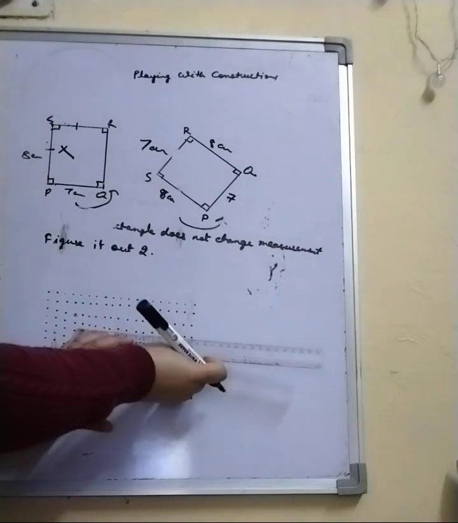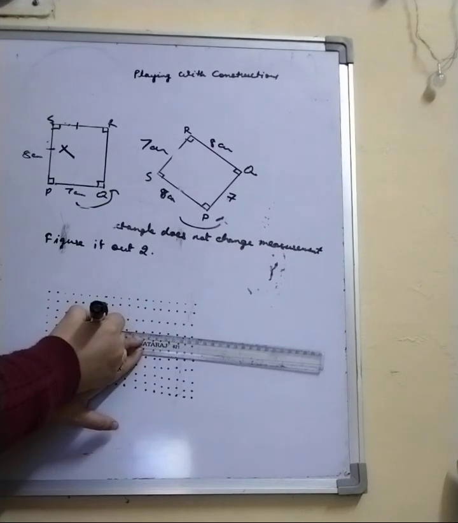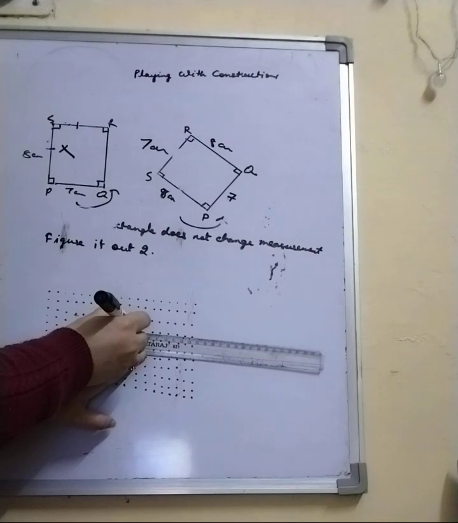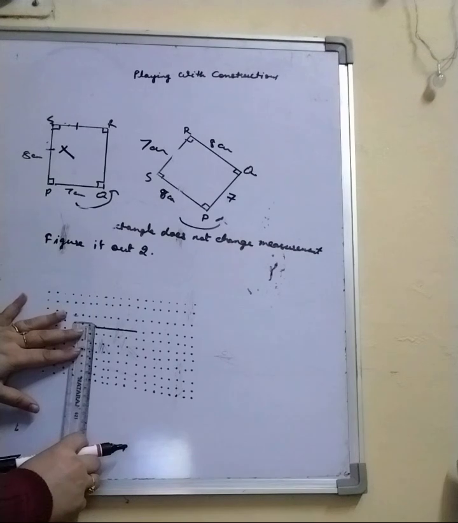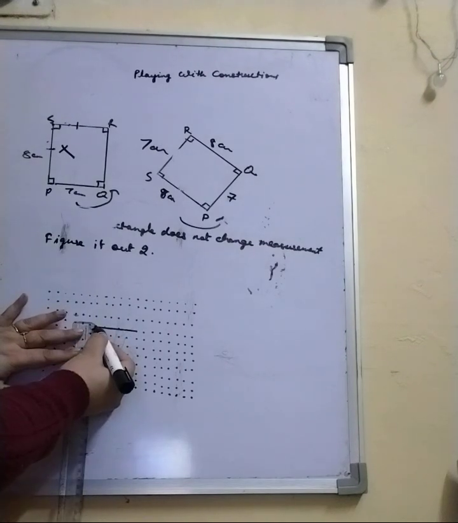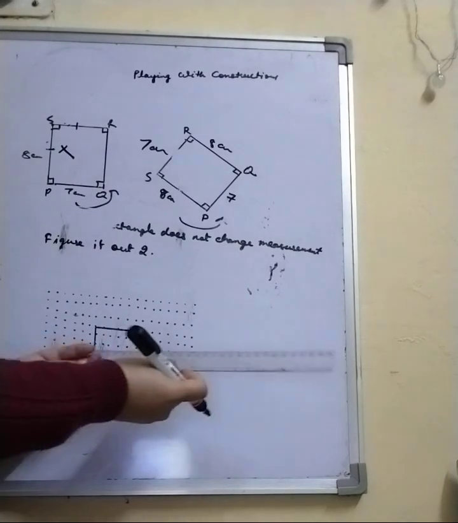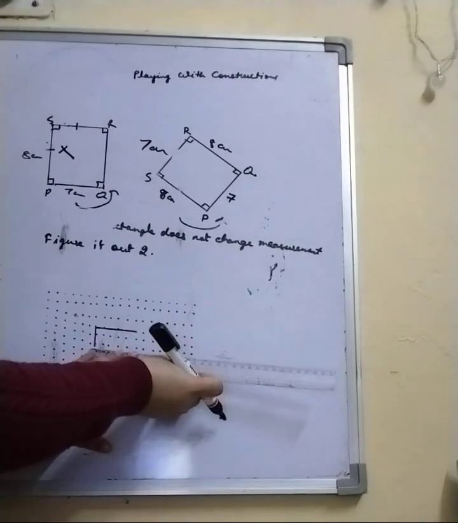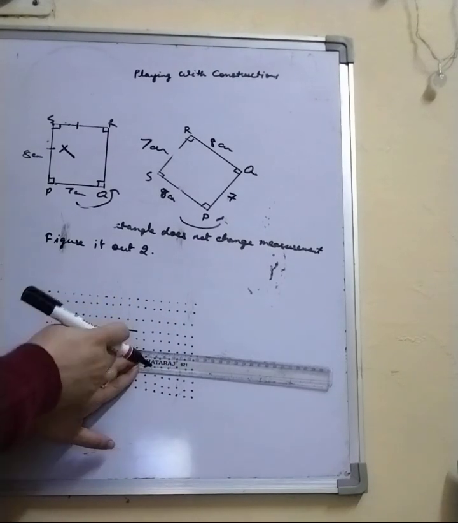So let's join. Suppose I get a rectangle here by joining 1, 2, 3, 4, 5, 6 dots I am taking and 2 dots below. Okay, 2 dots below and 6 dots horizontally. 2 dots vertically. This is horizontal, this is vertical.